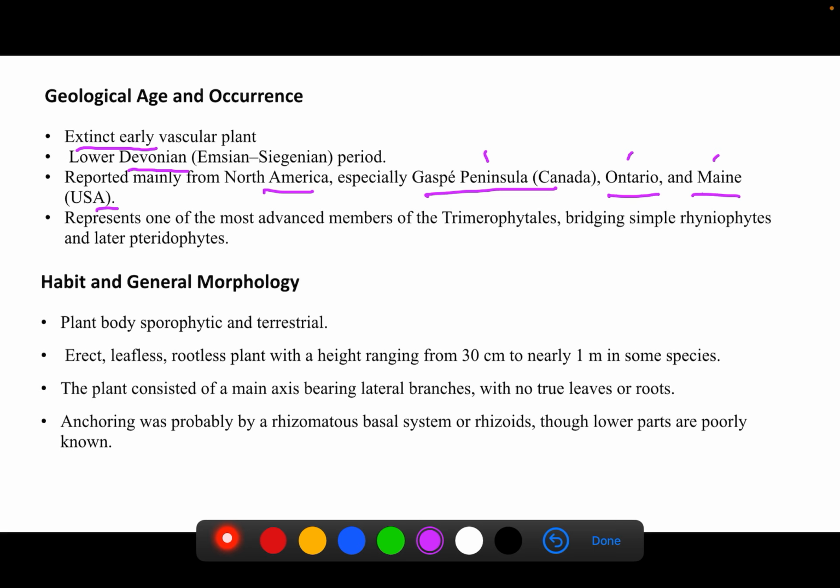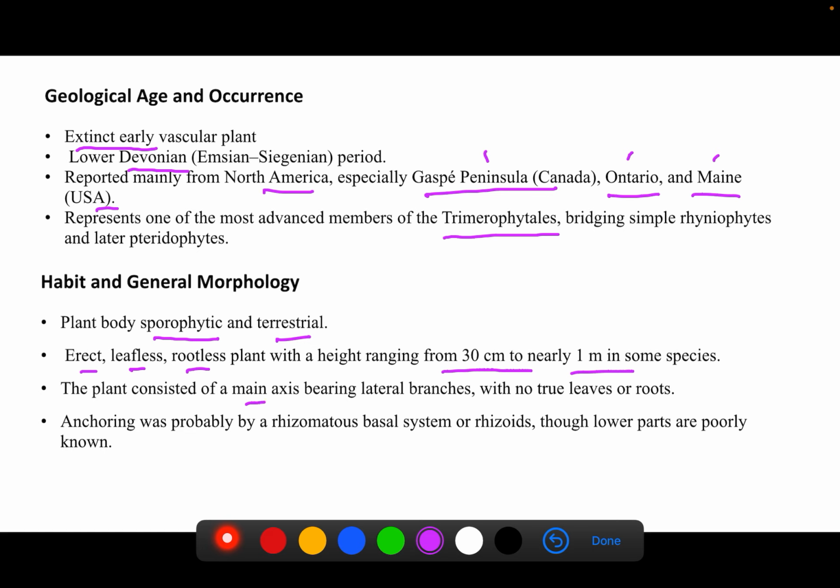It represents one of the most advanced members of Trimerophytales, and hence we are saying that this is a link between the most primitive Rhynia and the advanced pteridophytes. Habit: the plant body is sporophytic and terrestrial. It is erect, leafless, rootless, with a height ranging from 30 centimeters to 1 meter.